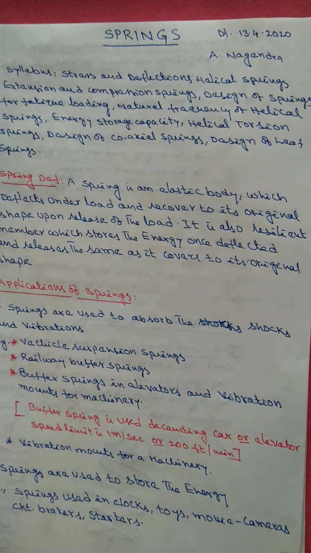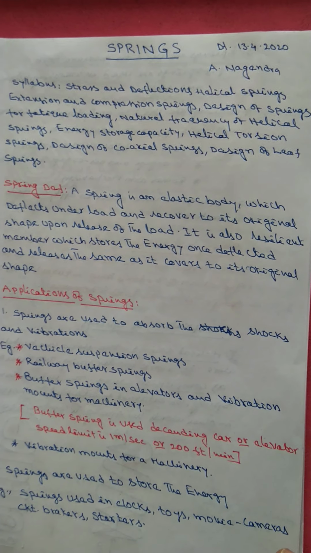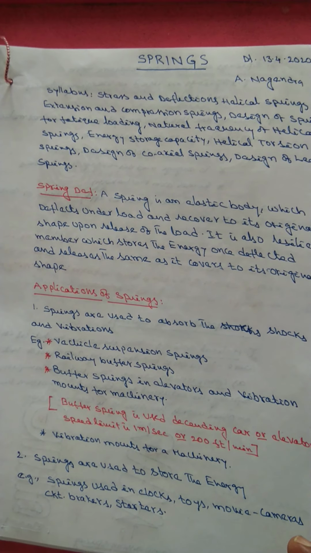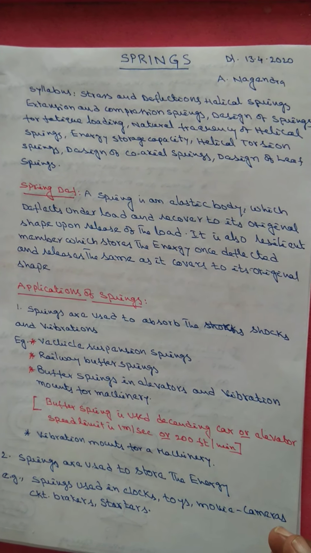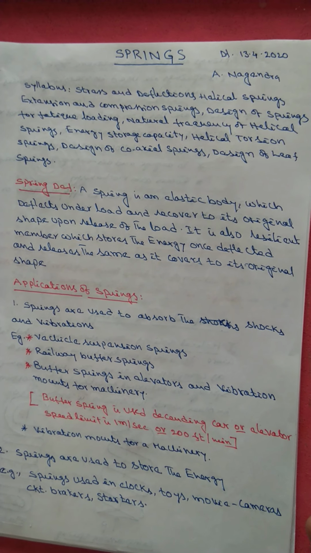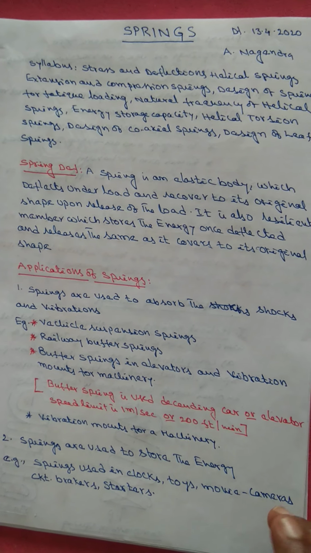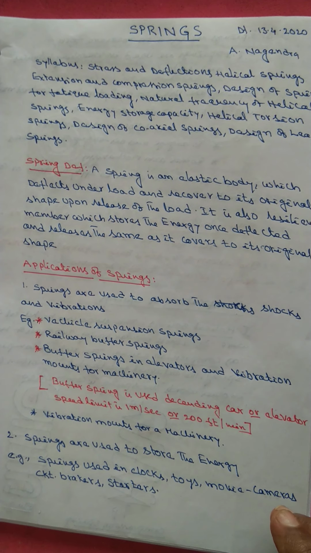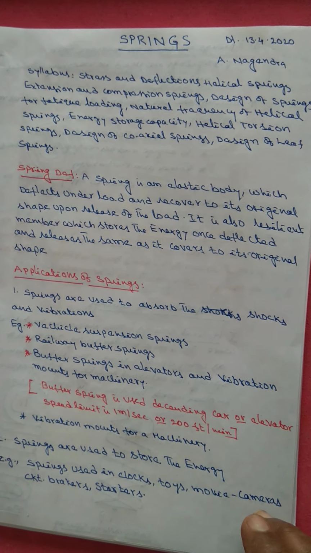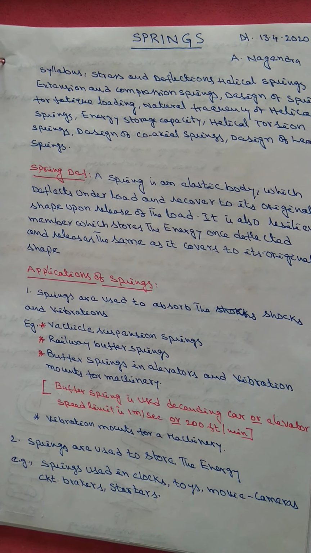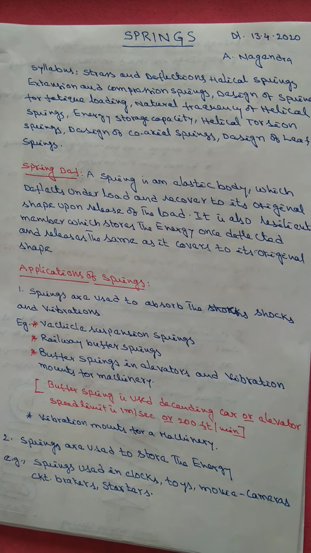Railway buffer springs. Whenever we travel, in railway wagons and railway coaches, we use closely coiled helical springs. In elevators, on the downside, we also use closely coiled helical springs. Those are also called buffer springs.